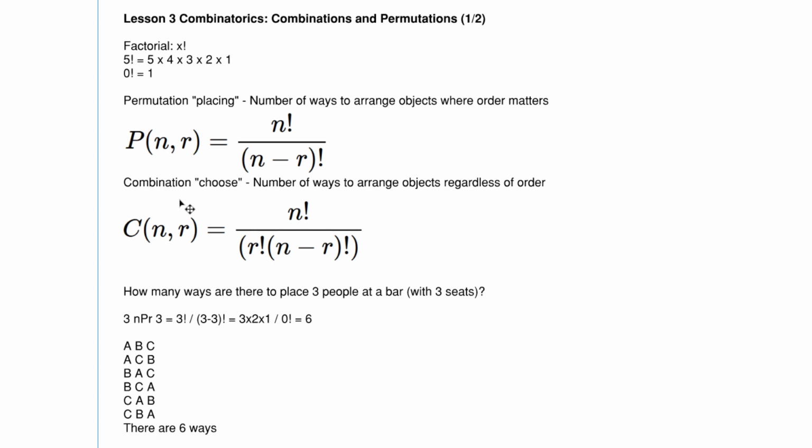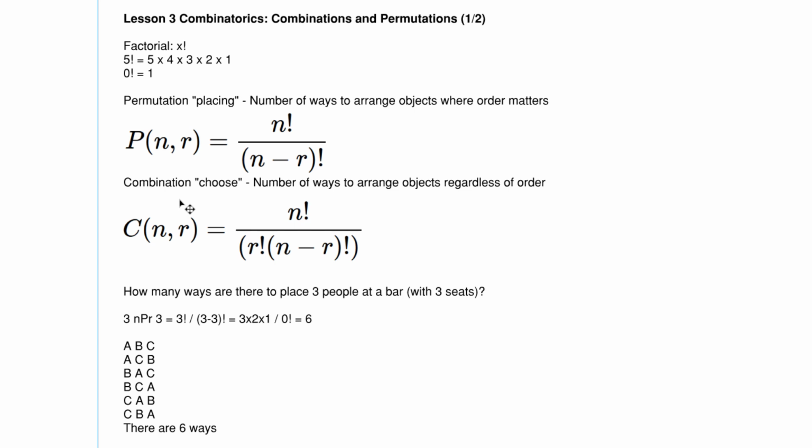So permutations are important. But if you're going to choose a random set of 3 winners out of, say, 25 who are going to win exactly the same thing, a $10 gift card, then you will use combination.